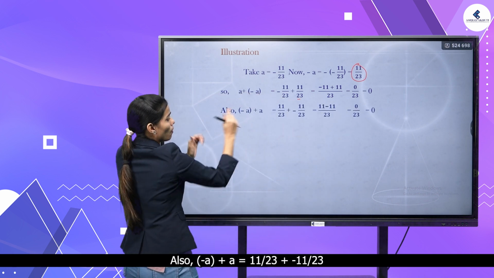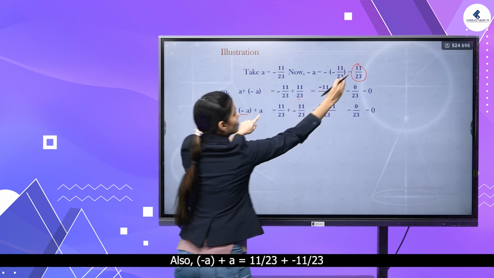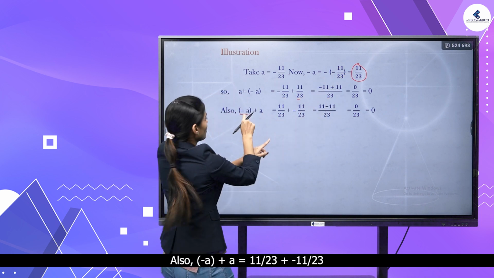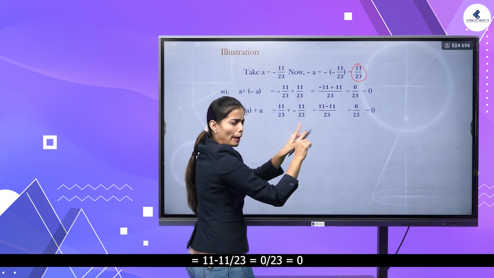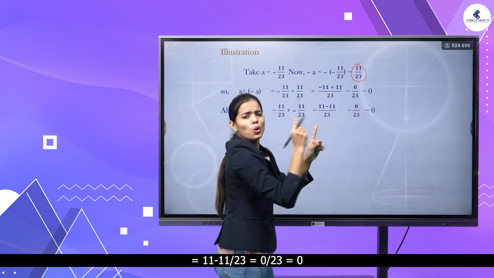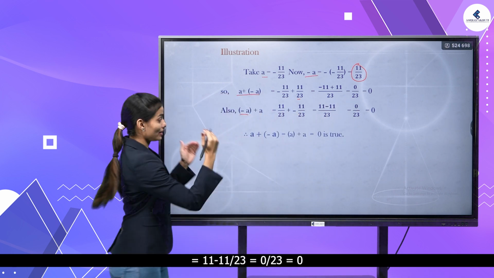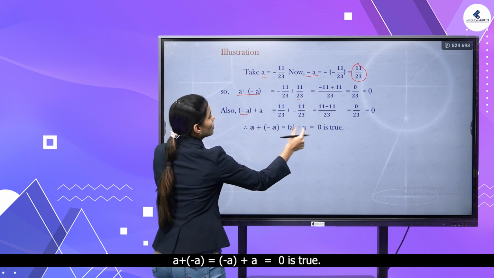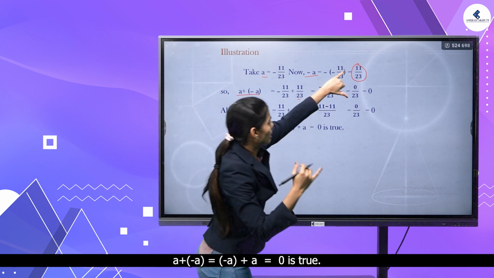Also, minus a plus a is equal to 11 by 23 plus minus 11 by 23 is equal to 11 minus 11 by 23, which is equal to 0 by 23 is equal to 0. Therefore, a plus minus a is equal to minus a plus a is equal to 0 is true.